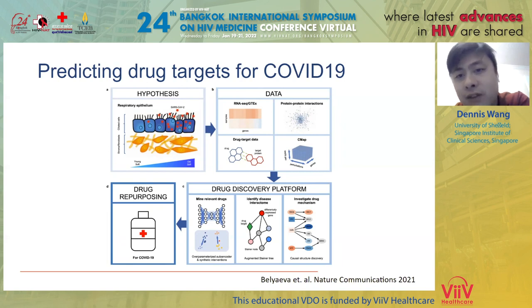So the idea is that if there are drugs that have an effect in other diseases, whereby you can use that effect on SARS-CoV-2 to reverse the changes you see in the lung cells, then those drugs might be effective for treating COVID-19.